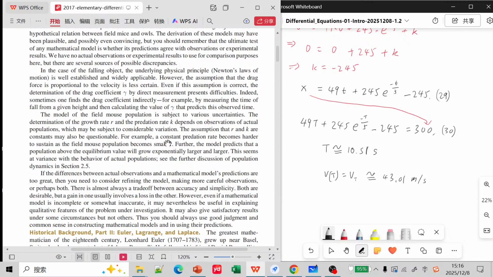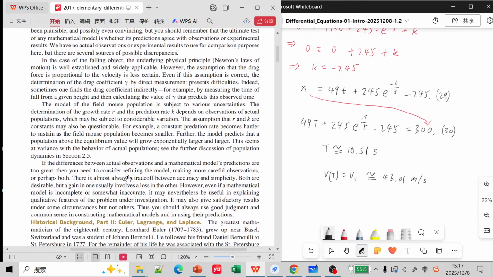For example, a constant predation rate becomes harder to sustain as the field mouse population becomes smaller. Further, the model predicts that a population above the equilibrium value will grow exponentially larger and larger. This seems at variance with the behavior of actual populations. See further discussion of population dynamics in section 2.5.